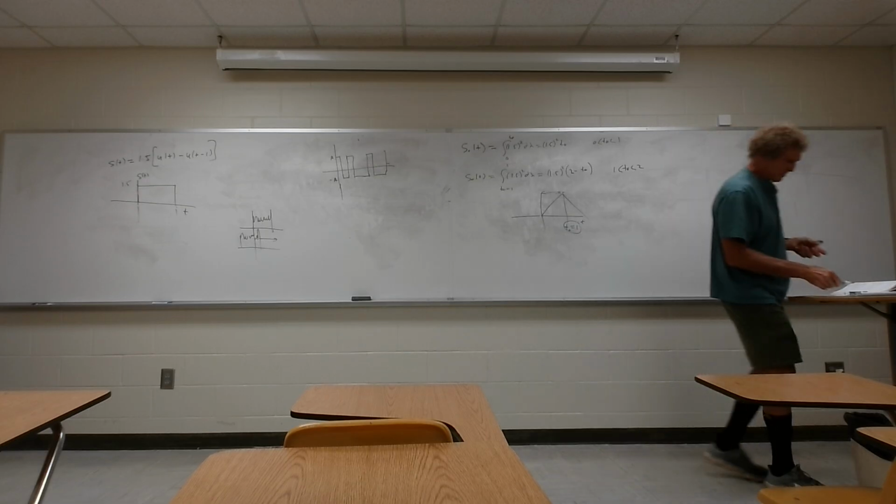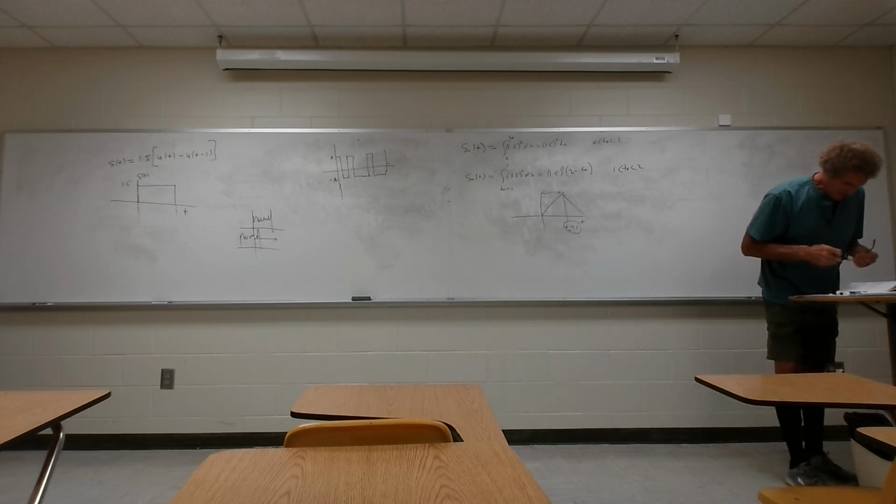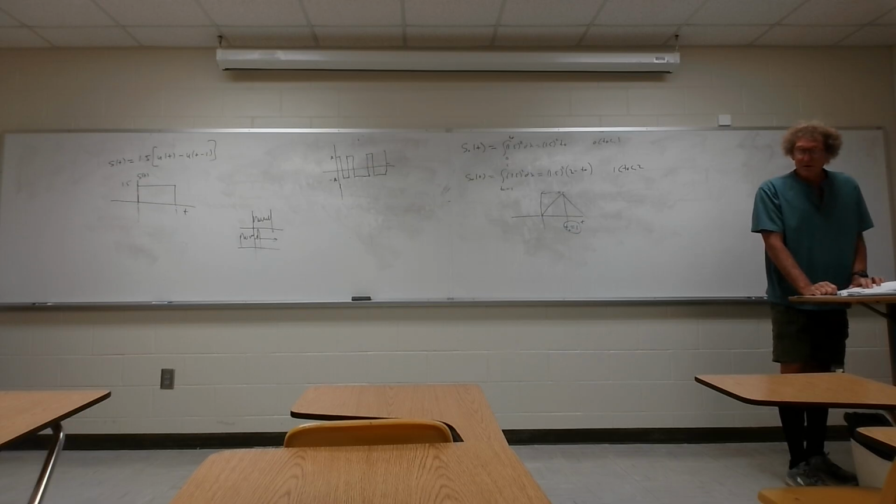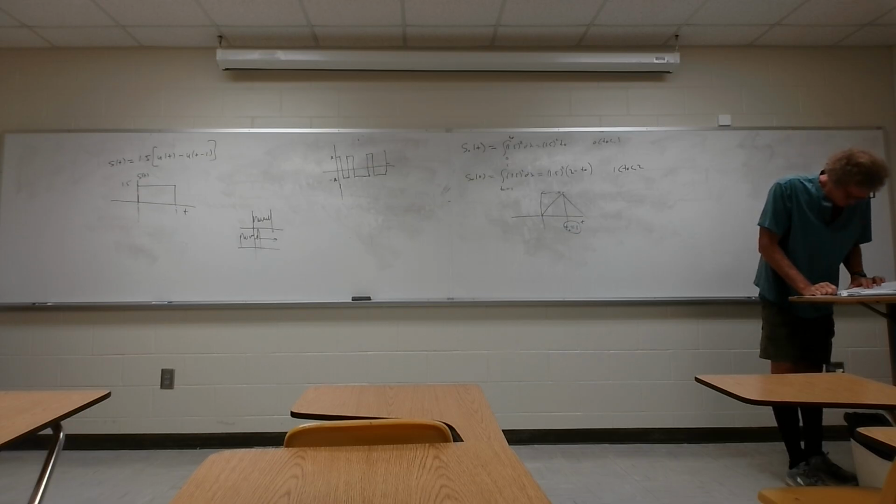Let me just see how it goes. Oh, I'm sorry, the width of that pulse is 2. So it would be 1.5 squared times 2, that's 5, isn't it? I think so.